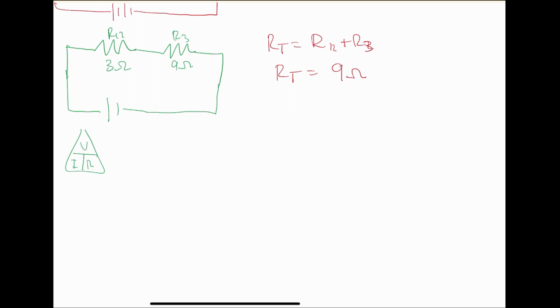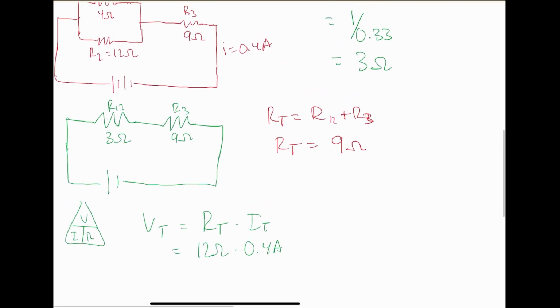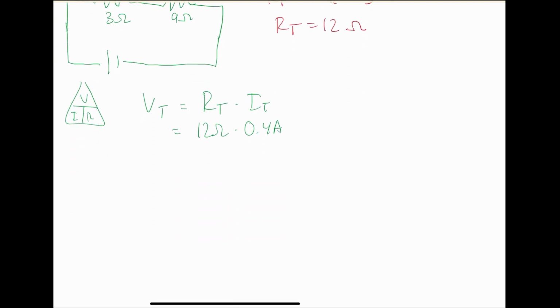Our voltage total is equal to the resistance total times I total. Excuse me, I made a mistake right here. It's 12 ohms. Okay. Then we solve for this. We get our total voltage to be 4.8 volts.